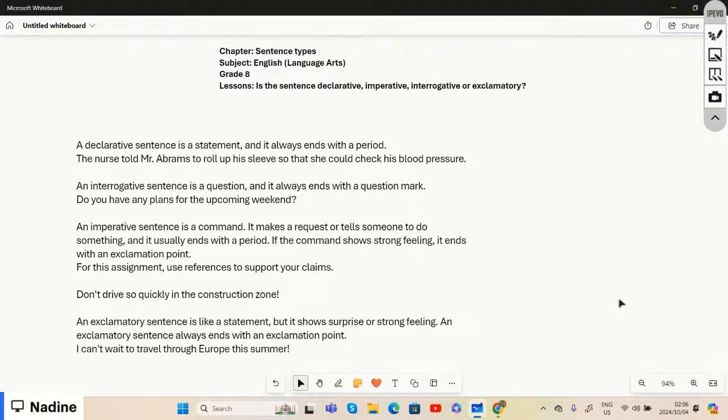If we look at the different types of sentences, these are sentences that we use literally whenever we write sentences, when we write letters, when we write something. We're going to start with a declarative sentence.